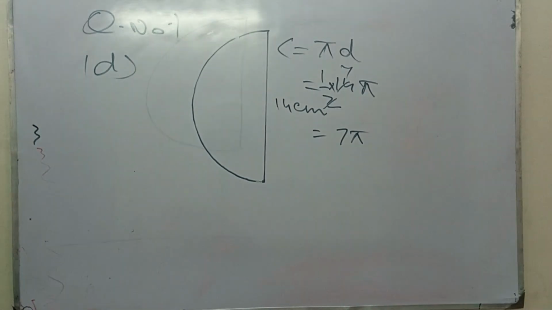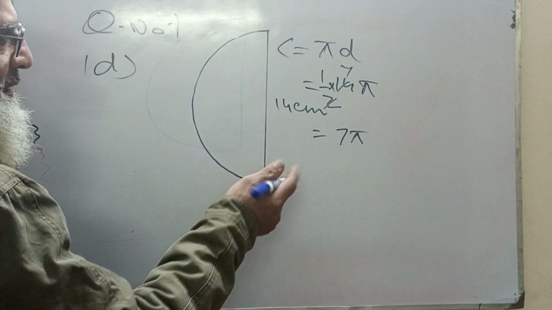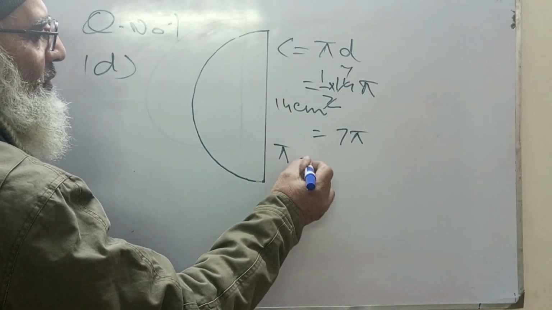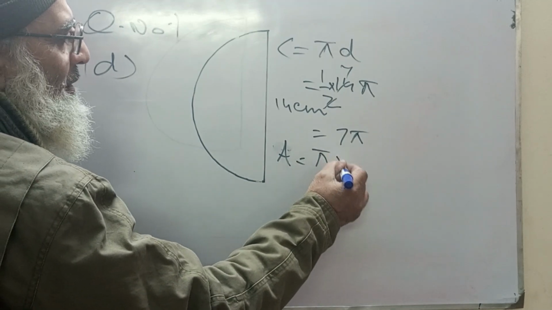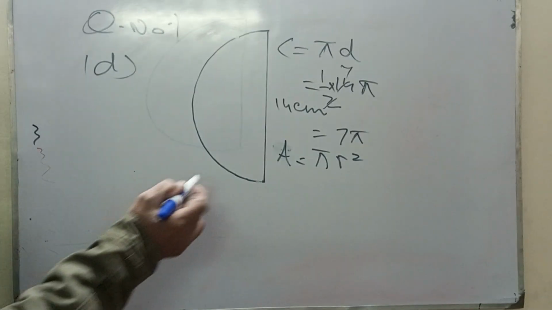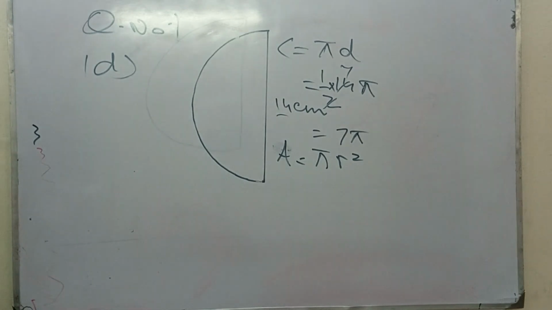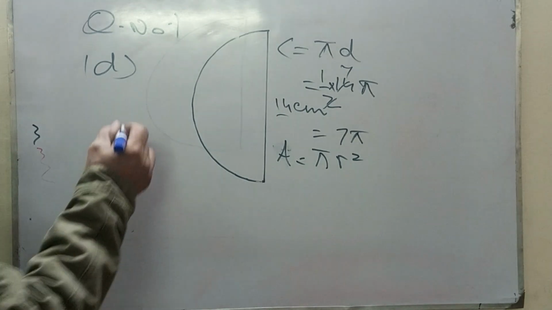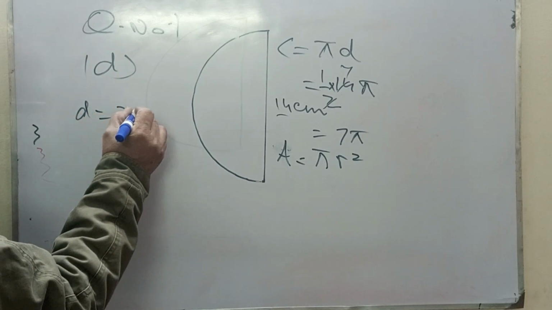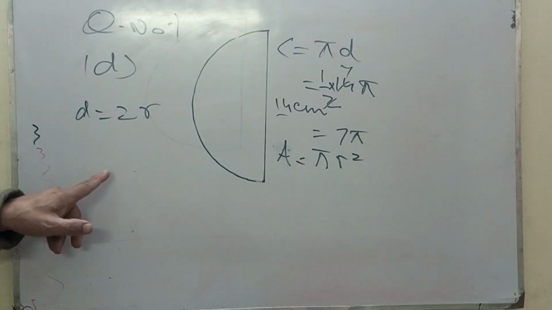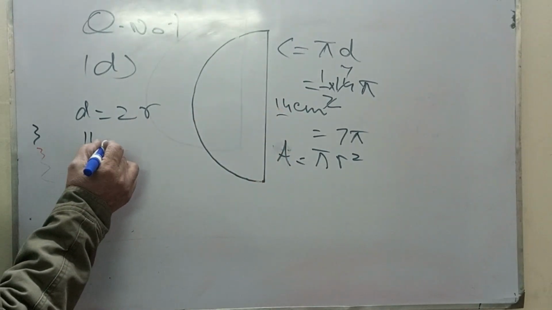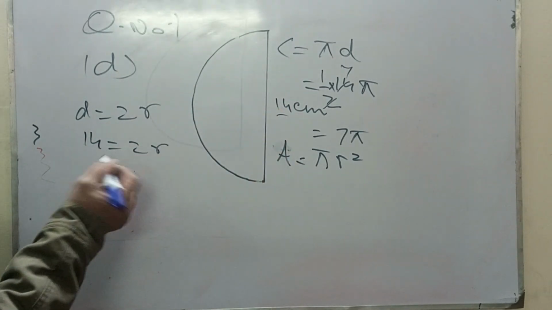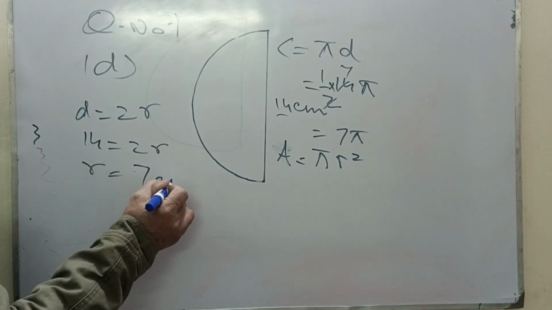So the area. Area A is equal to pi r square, and r is now, when diameter is 14, r is 7, because d is equal to 2r. Since 14 is given over here, r is equal to 7 centimeter.